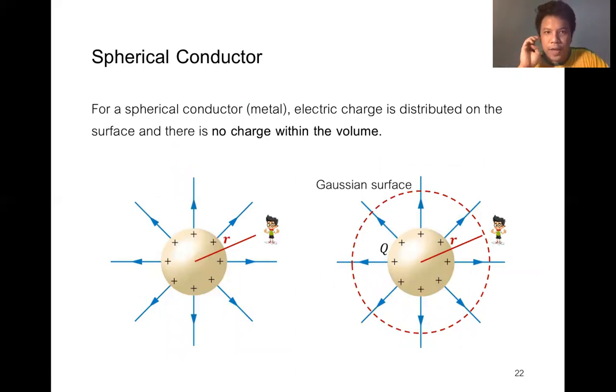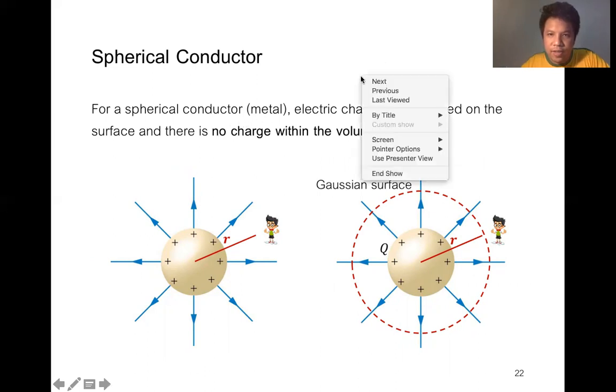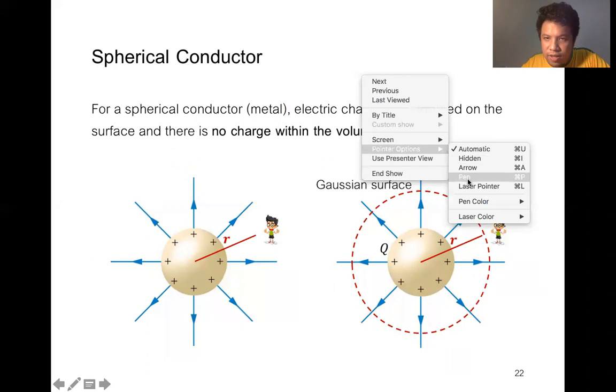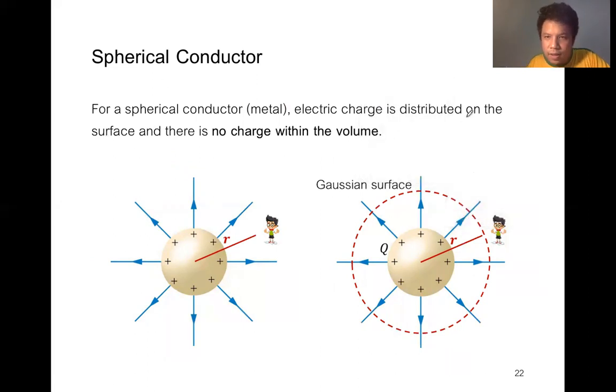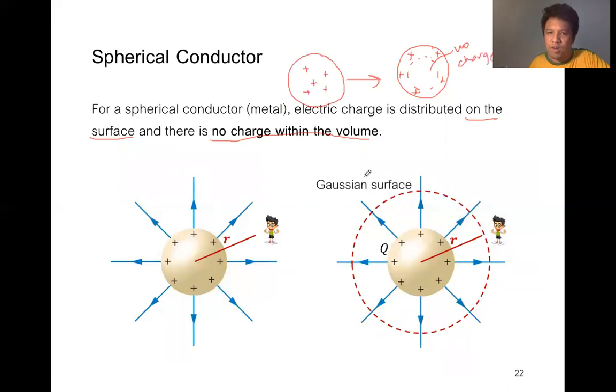Then for the case of a spherical conductor, electric charge is distributed on the surface only, and there is no charge within the volume. If you recall what we discussed before about conductors, charge can move freely within the conductor so the charges repel each other, and we end up with charge on the surface and no charge within the volume.